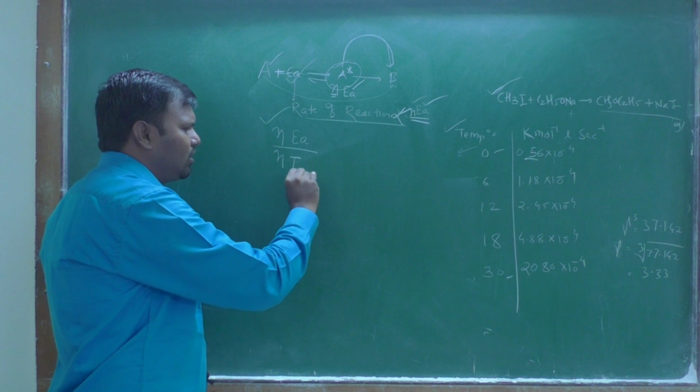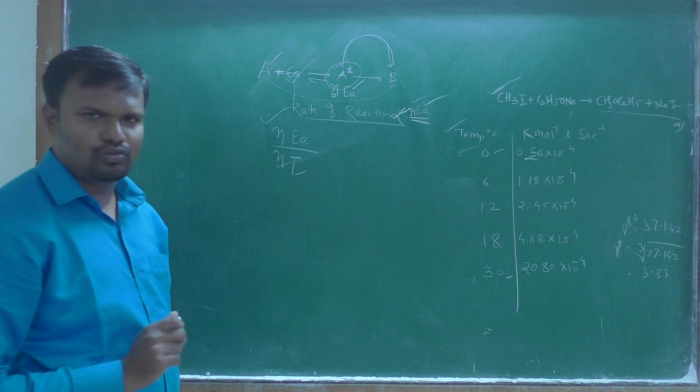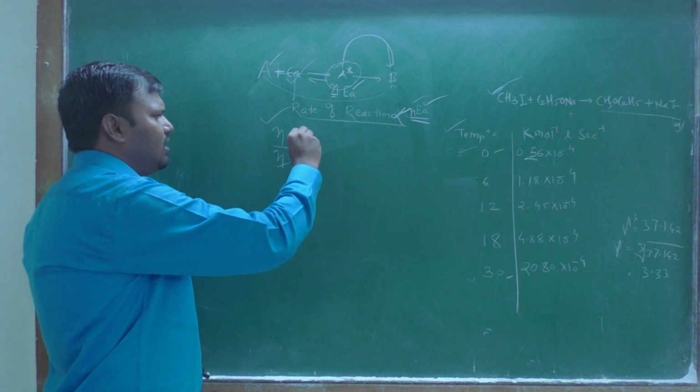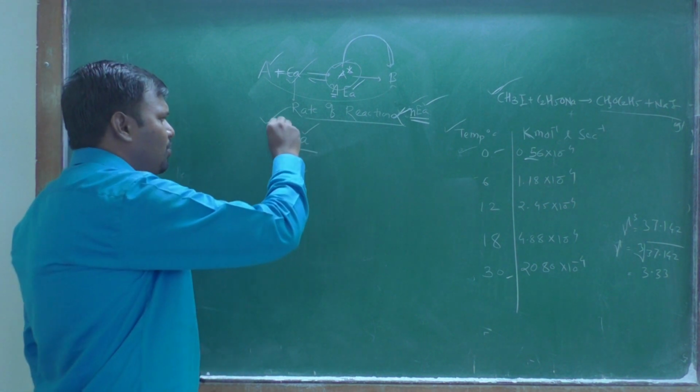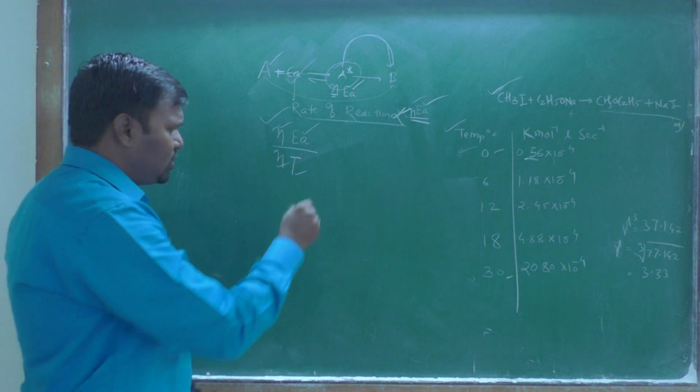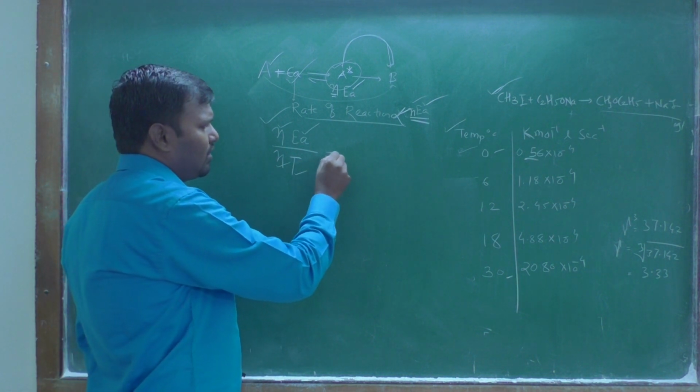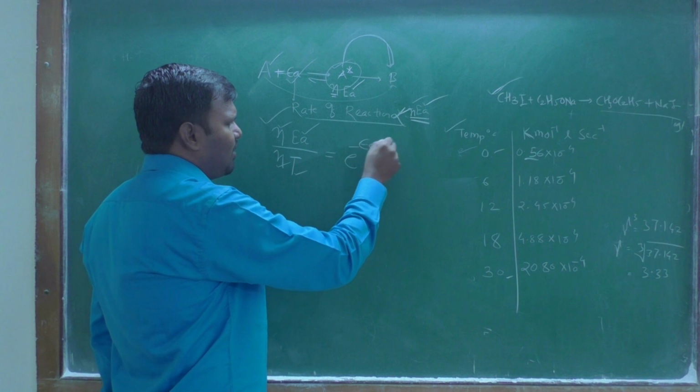Therefore, the fraction of activated molecules from the total number of molecules, where NT is the total number of molecules and N_EA is the number of activated molecules, is equal to e raised to minus Ea upon RT.